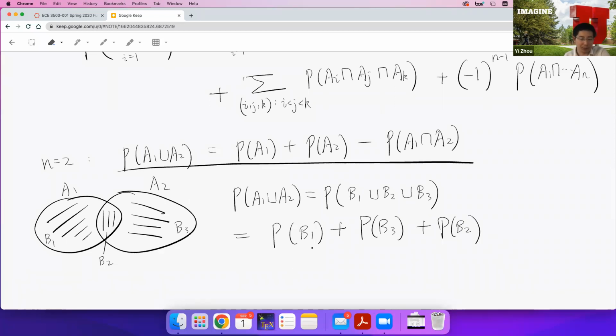It's the probability of B1 plus B3 plus B2. And I just artificially add B3 here and subtract the same term. Okay, I didn't change anything, just artificially added these 2 terms here.